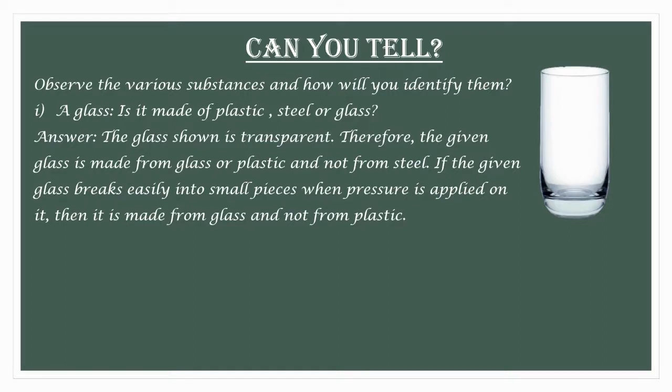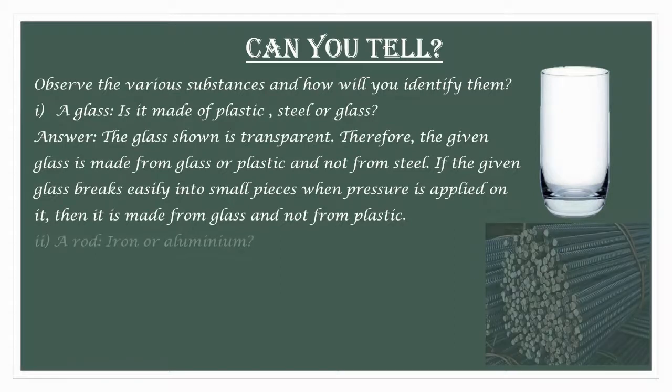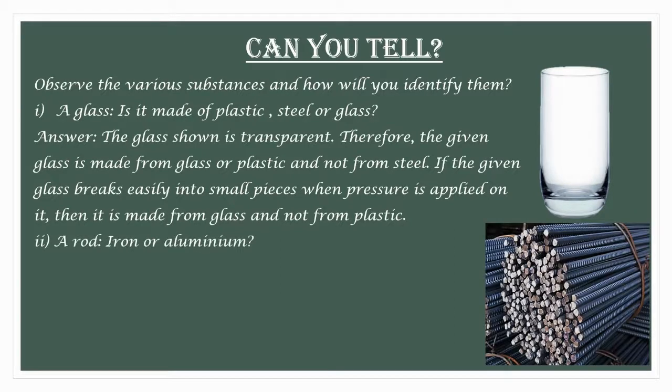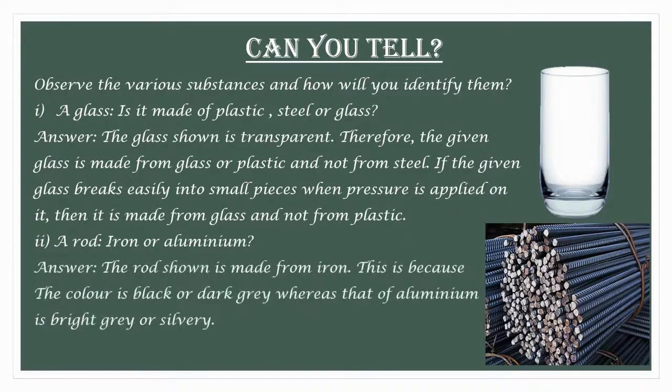If the given glass breaks easily into small pieces when pressure is applied on it, then it is made from glass and not from plastic. Then a rod, is it made of iron or aluminium? Yes, the rod shown is made from iron. This is because the color is black or dark grey, whereas that of aluminium is bright grey or silvery.